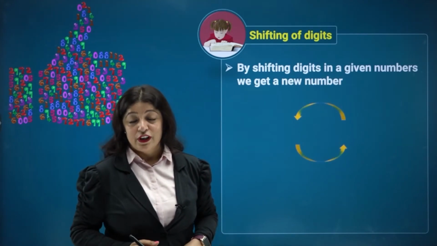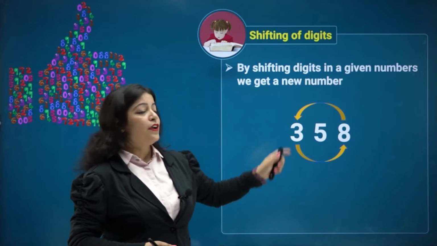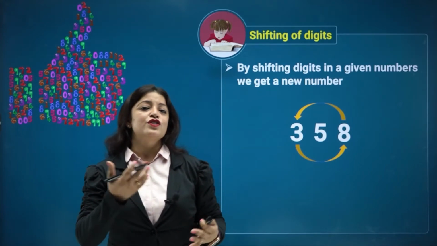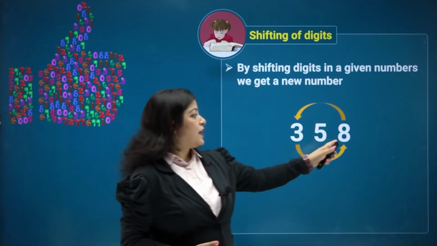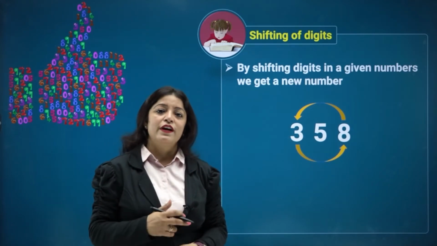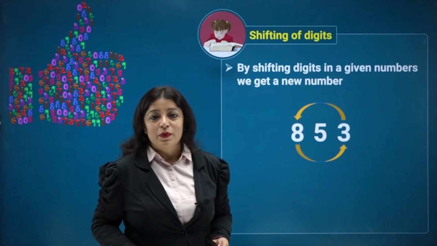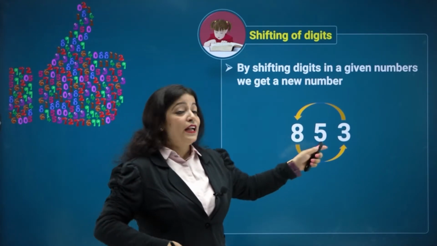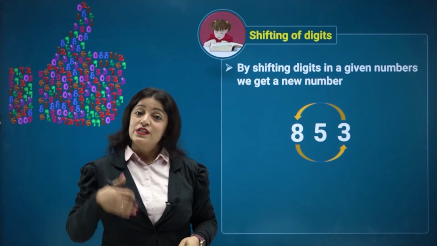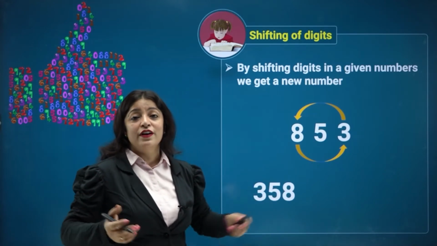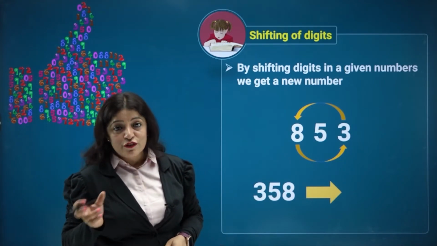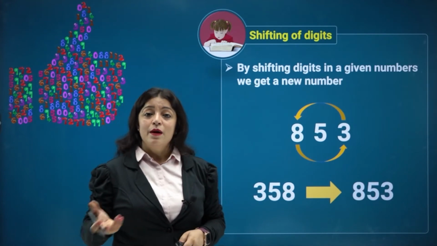For example, if you see the number 358, and if I shift the digits at the units place and hundreds place, if I interchange them, will I get a new number? Yes, I'll get 853, which is absolutely a different number than 358. So when we shift digits, we get different numbers.